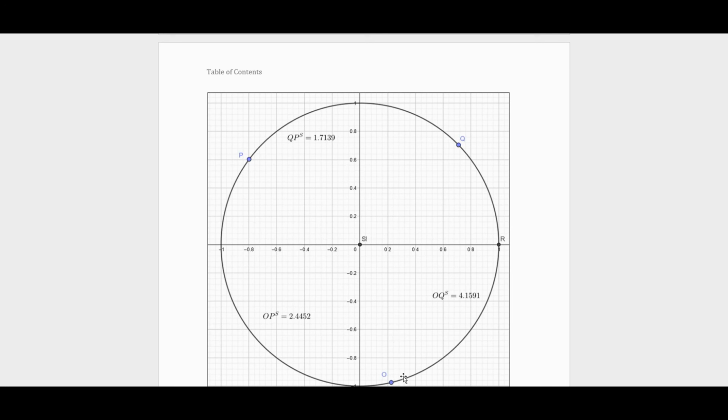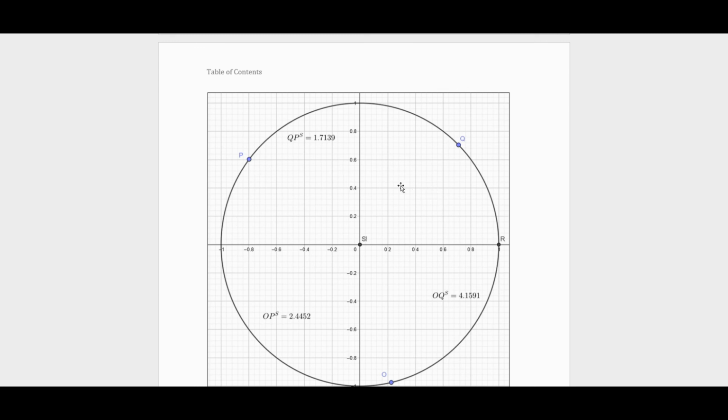So these 3 points here, there's no betweenness relationship. The distance from here to here is about 2.4. That's from O to P. From P to Q, it's about 1.7. And from Q to O, it's about 4.1. Well, no two of these add up to the same as the other one, even though they are collinear.